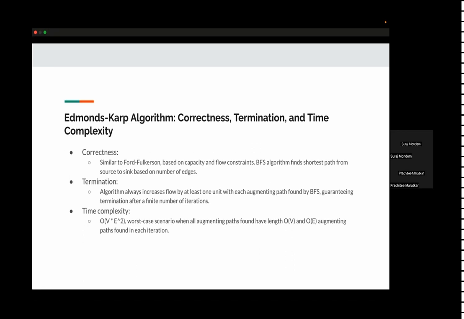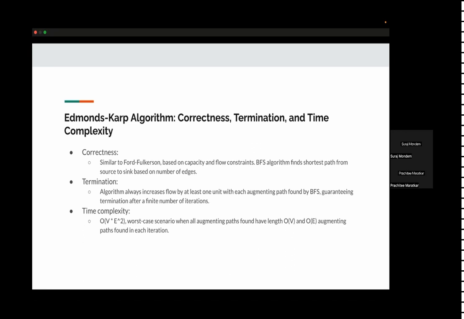This is because the algorithm uses breadth first search to find the shortest augmenting path in the residual network, which ensures that each augmenting path found has a length greater than or equal to the previous path found. Since the length of the path is bounded by the number of vertices in the graph, the algorithm will terminate after a finite number of iterations.